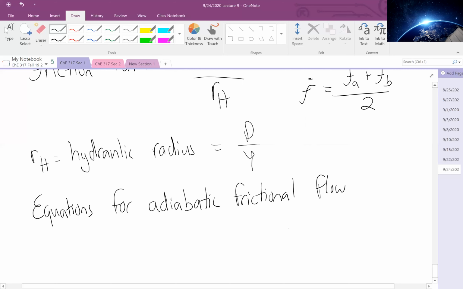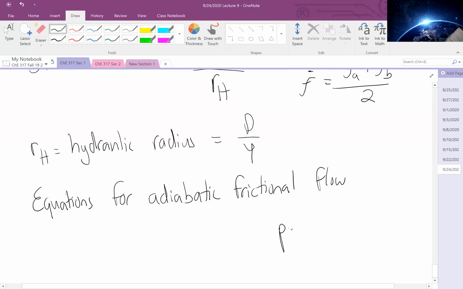They can be found on pages 146 to 148, approximately equations 634 through 636. We're not going to be looking at a whole lot of them.